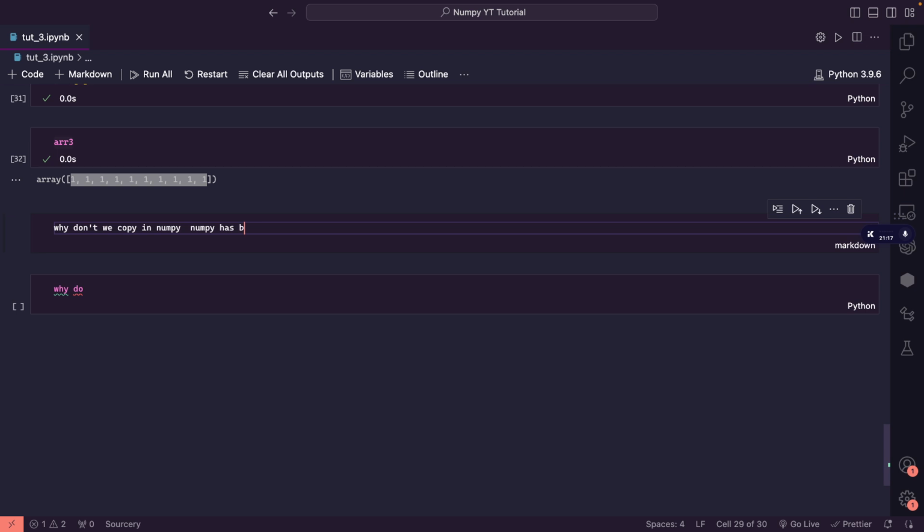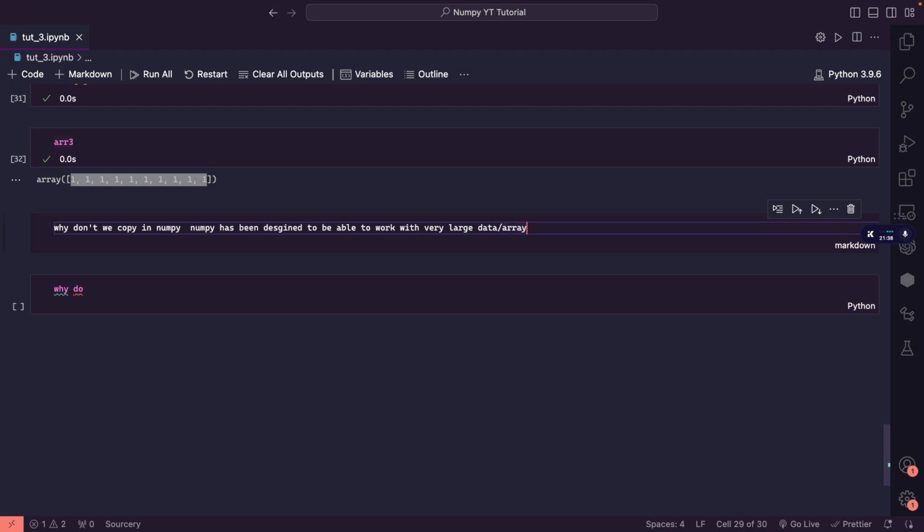Because NumPy has been designed to be able to work with very large data or arrays.